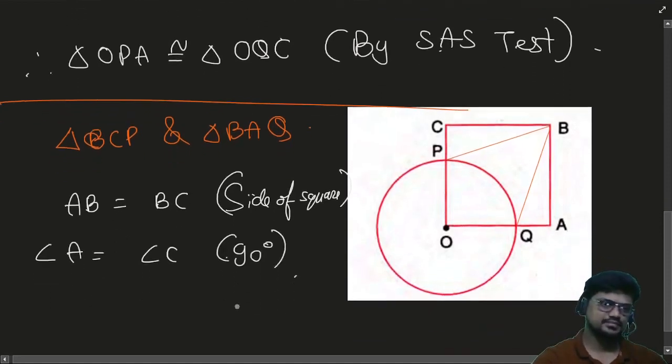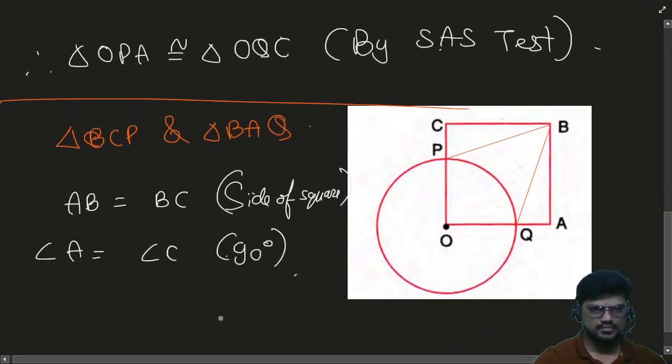Then, sir, radius of a circle both are same. OP is equal to OQ, and OC is equal to OA, sides of a square.